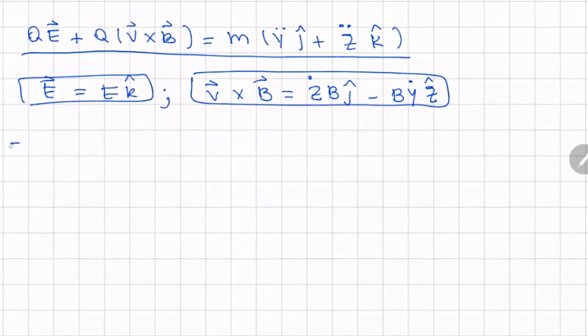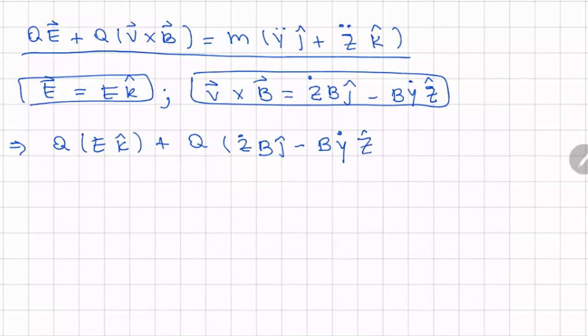So when we do that, we get Q E K plus Q multiplying V cross B, but V cross B is z dot B J minus B y dot K, equal to M y two dots J plus M z two dots K.